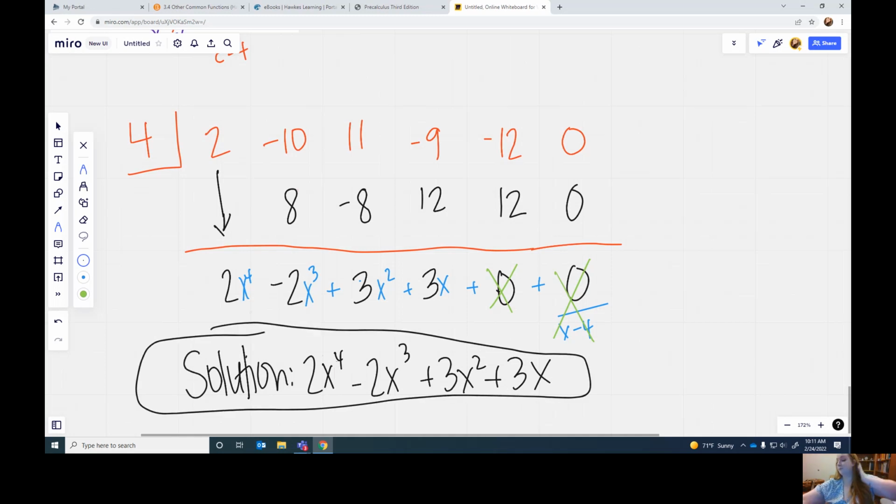All right, so hopefully that gives you a good start for polynomial division. Like I said, on the test I tell you in the directions that you can use either one. So it is totally your preference which one you choose.